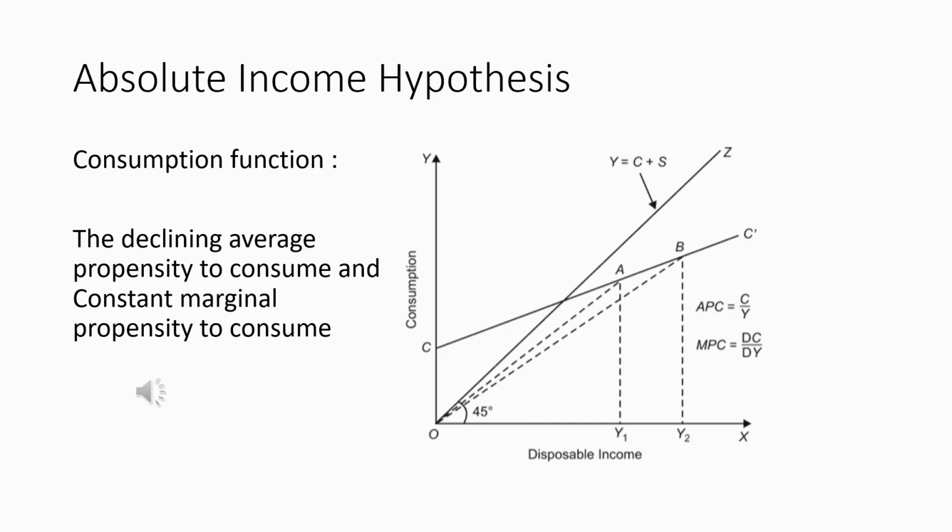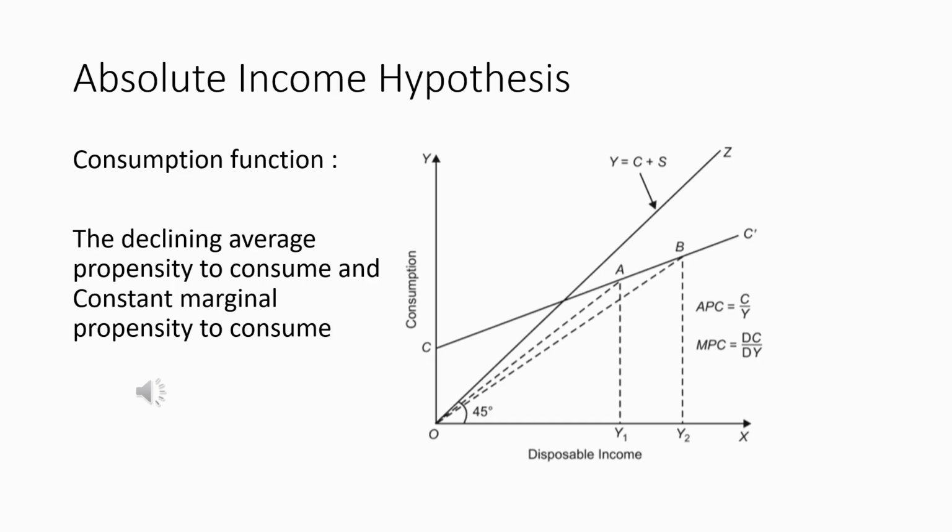In the figure, we have also seen a linear consumption function with an intercept term. In this form of the linear consumption function, though marginal propensity to consume is constant, average propensity to consume is declining with the increase in income as indicated by the slopes of lines OA and OB at levels of income Y1 and Y2 respectively.